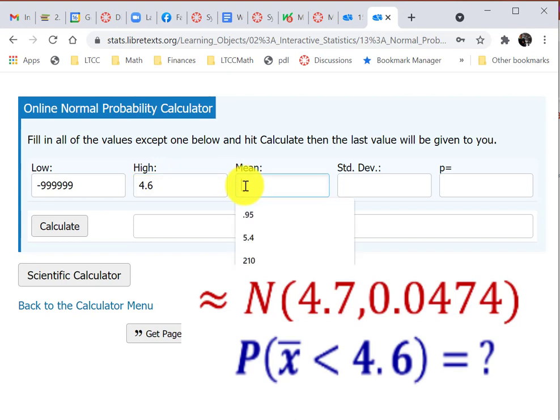The mean was 4.7. And the standard deviation was 0.0474. And I hit calculate. And there's my probability, about 0.01744, etc.